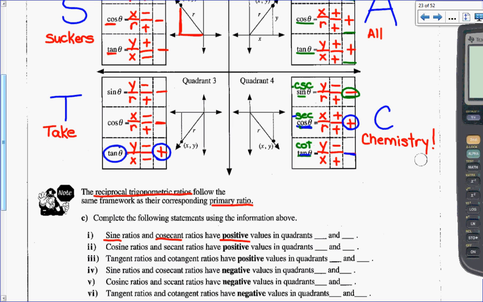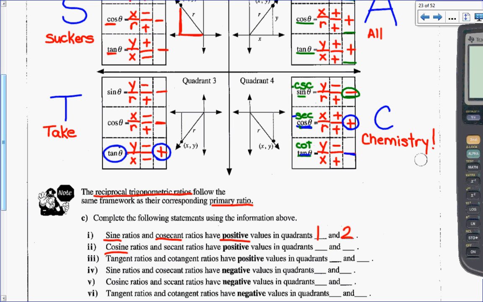Okay, well, all the trig ratios are positive in quadrant 1, but where else is sine positive? Right, quadrant 2. Okay, so if sine is positive in quadrant 1 and 2, then its reciprocal, cosecant, is also positive in quadrants 1 and 2. Okay, what about cosine?